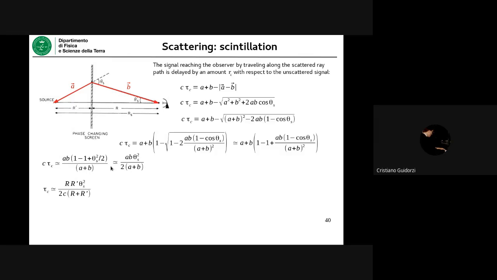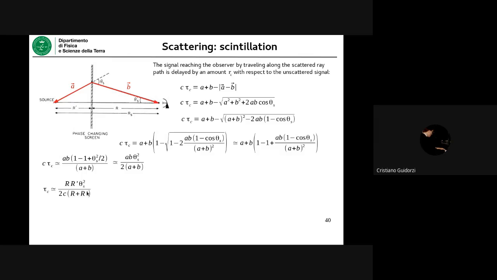What I can see here is that, for example, if you fix the distance between source and observer, so you fix R plus R prime, and you imagine you move the screen in between, you might wonder what is the position of the screen which maximizes tau c.